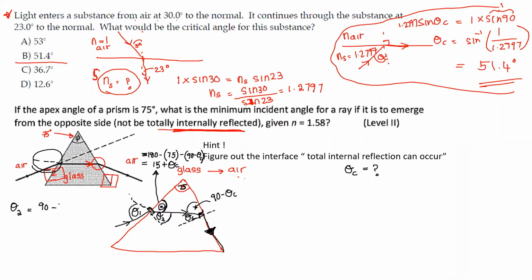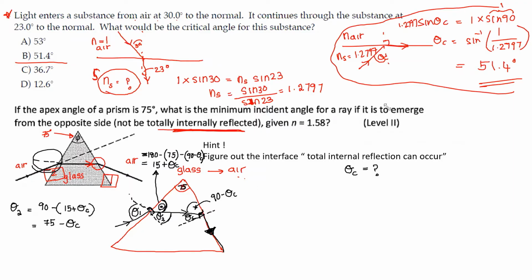So 90 minus (15 plus theta c) will give you theta 2. If I do this, I get 75 minus theta c. Okay, now we have a relationship between theta c and theta 2.